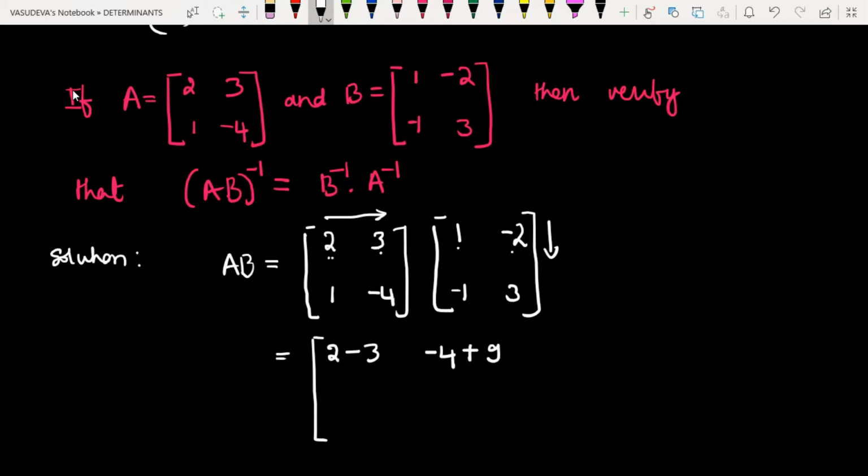Next, second row, first column: 1 into 1, 1, and minus 4 into minus 1, plus 4, and 1 into minus 2 plus minus 4 into 3, minus 12.